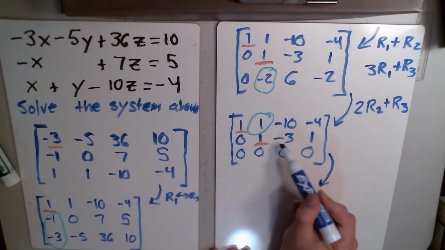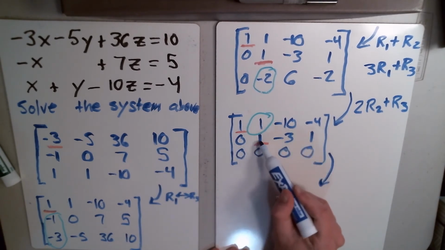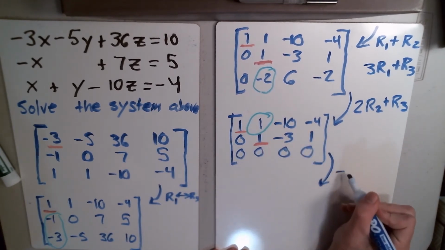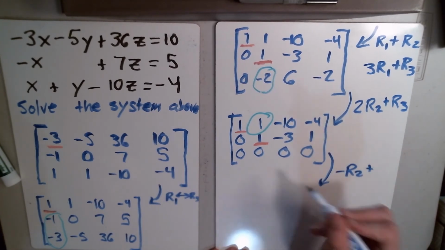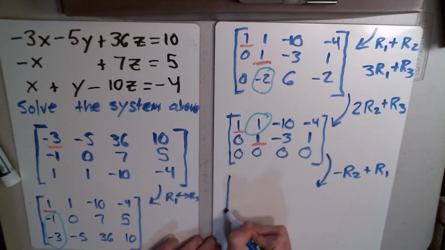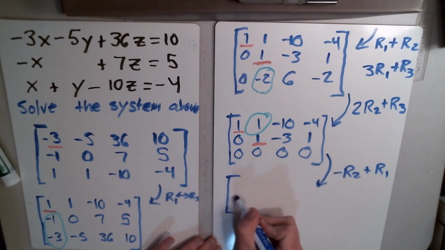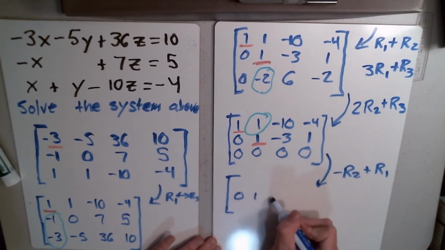To cancel out this 1, I'll times this by a negative and add it up. Okay, so negative row 2 plus row 1. Okay, and so when we get that, well, what will happen? My second row stays the same.